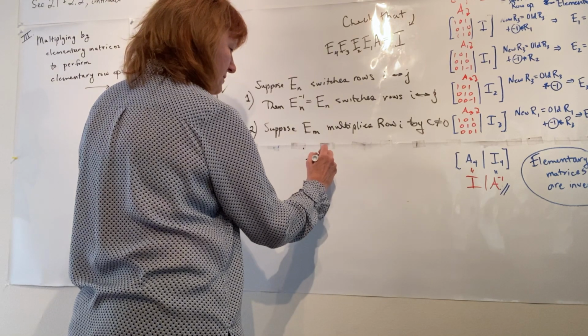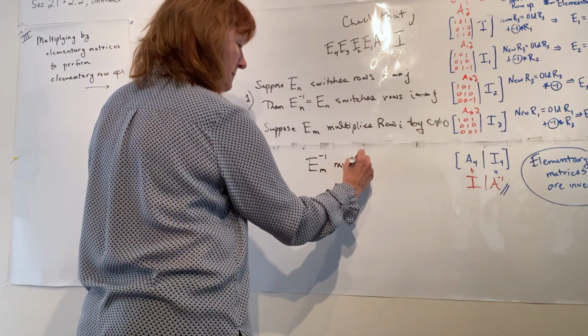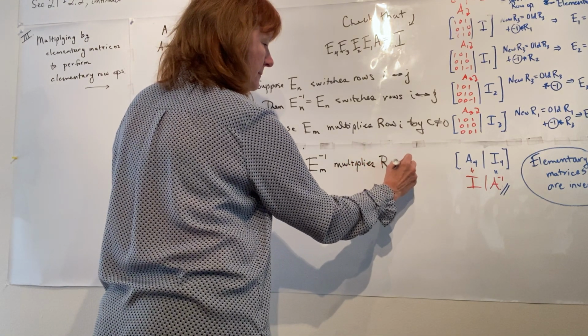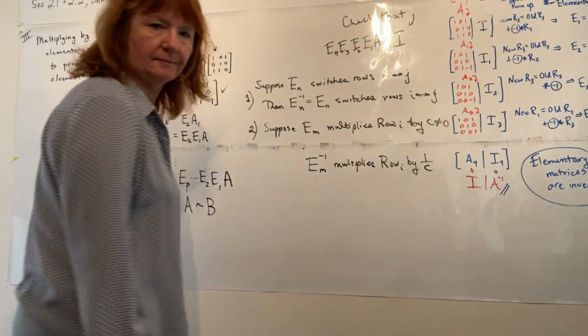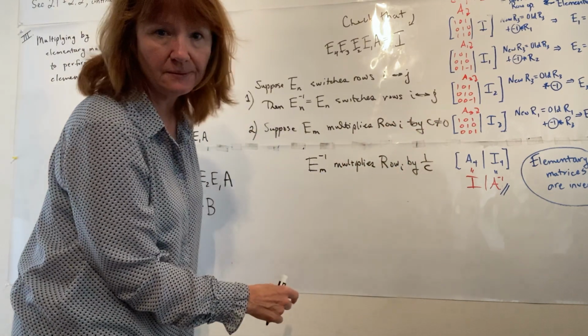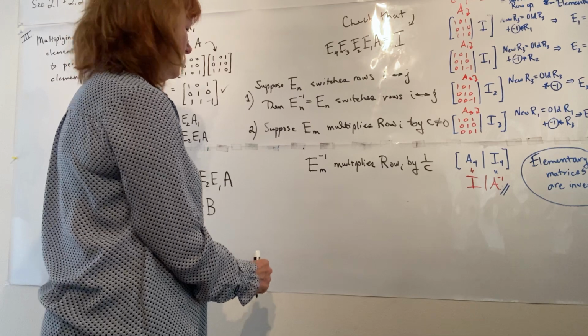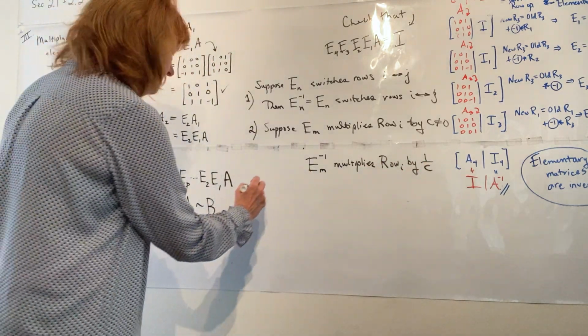The inverse operation that would undo this would multiply that same row I by 1 over C. And you'll notice that that's well defined since C is not equal to 0. Okay.